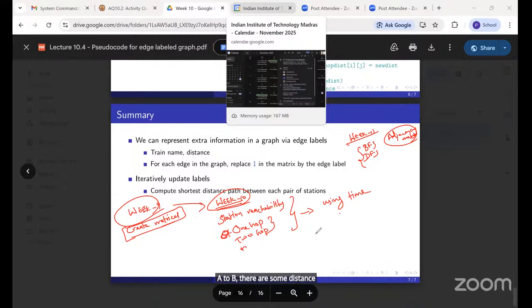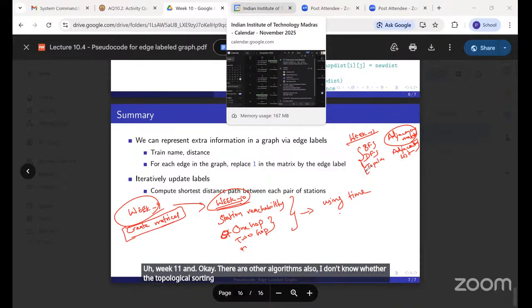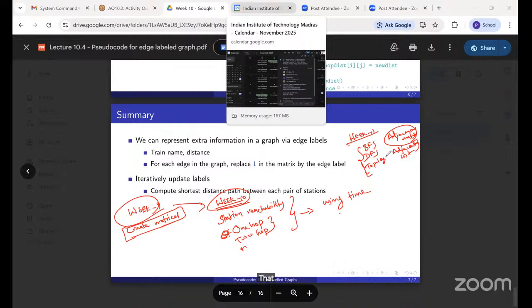That is called the adjacency matrix. And there is something called the adjacency list, which we'll be seeing in week 11. There are other algorithms also. I don't know whether topological sorting has been covered or not. That will also be there in week 11 and 12.